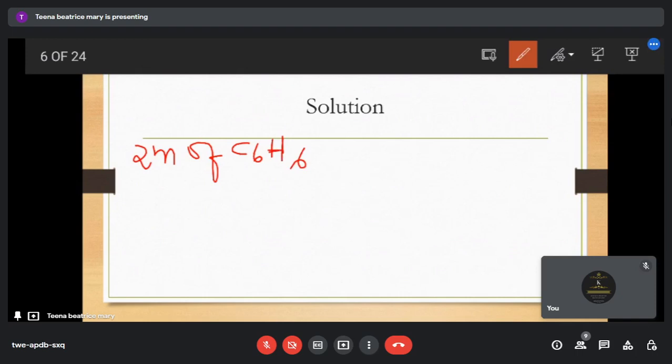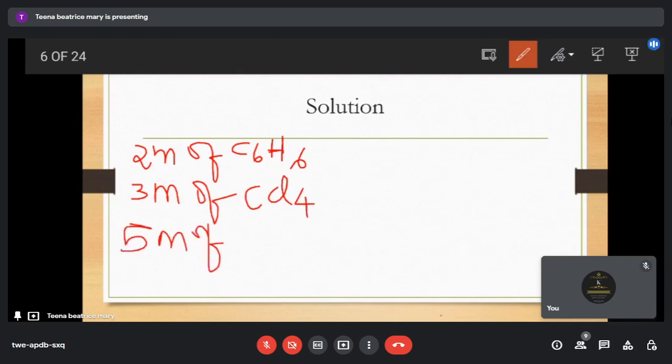Yes, C6H6. 2 mole of benzene we are having, and then 3 mole of what we are having? 3 mole of CCl4 we are having, and then 5 mole of acetone. Can anybody tell me the formula for acetone? CH3, you can say it like that, or otherwise you can write the molecular formula together, no problem. C3H6 also you can say, no problem.